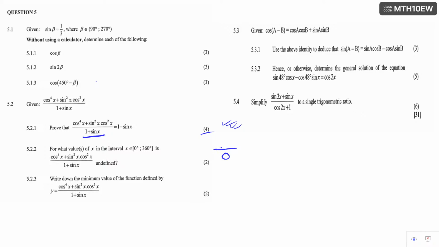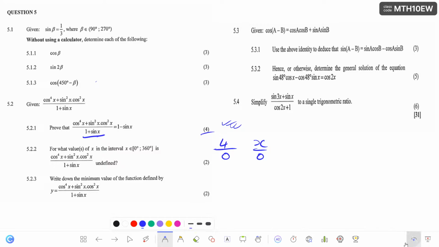Because if you check by using your calculator, 4 divided by 0 is undefined. X divided by 0 is undefined. So now we can simply say 1 plus sine x has to be equal to 0 so that it can make this function undefined.